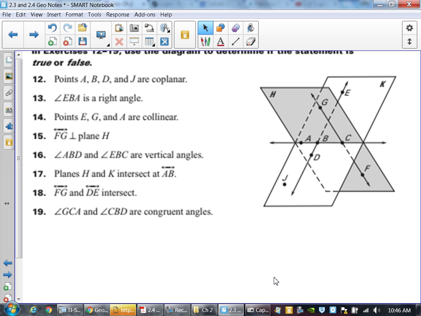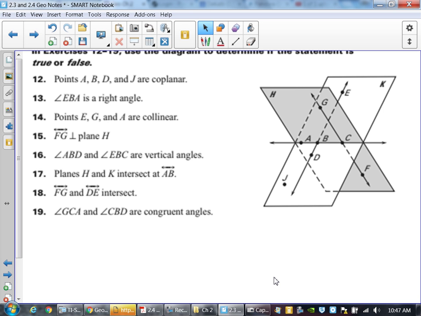Can we say that FG is perpendicular to plane H? No. Why? It's inside of plane H, but it's not crossing anywhere. It crosses at point C, but that's not enough.